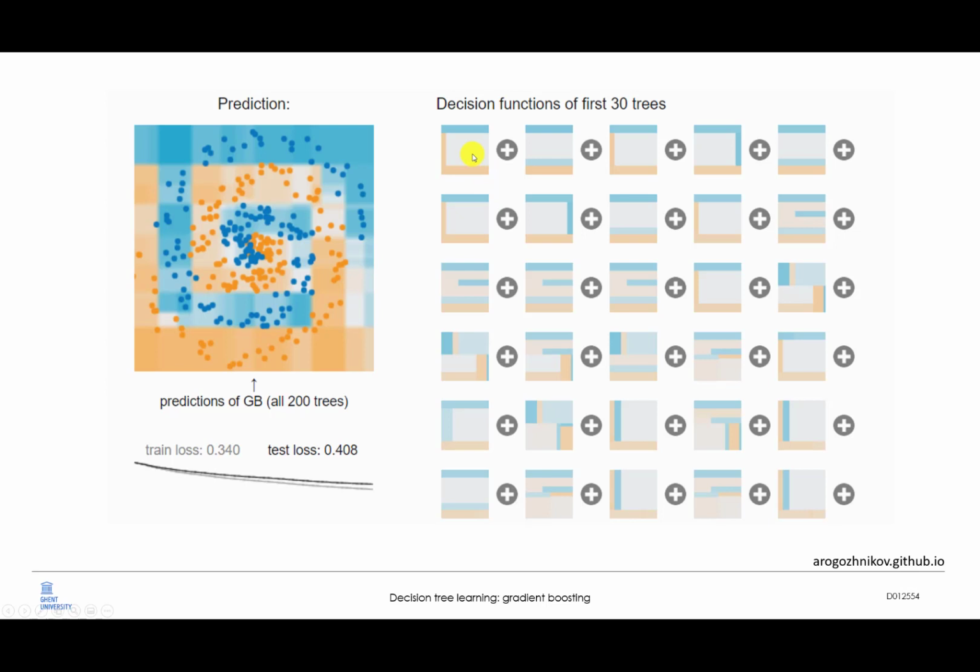And so this would be the initial tree, and then you would add a tree that fitted the errors of that model, and you get this, and then you continue. So you can see that each of these models has very low complexity. Each of them fitted on the errors that were made by the previous model. But if you take the sum of these very low complex models, you can have a very complex fit for very complex data sets, as you can see here.